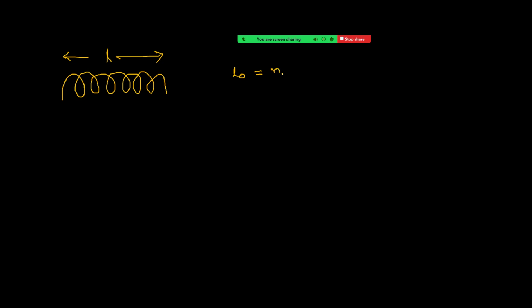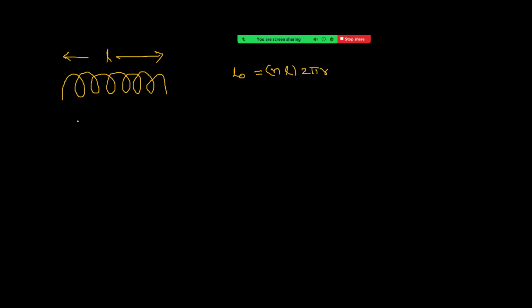That is equal to number of turns into, for one turn, length equal to 2 pi r, right? If I am taking one coil, length equal to 2 pi r. Like this, if you have number of turns n, this gives us number of turns into 2 pi r. That gives us the length of the wire required to construct this solenoid, right? Let us see how to make the calculation.